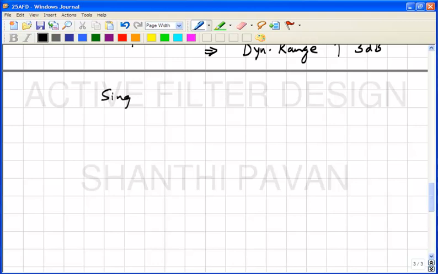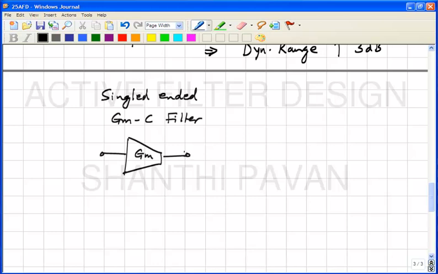So, the building block of a single-ended GMC filter is a voltage controlled current source where the output current is GM times V. Now, what would then be the building block of a differential GMC filter?